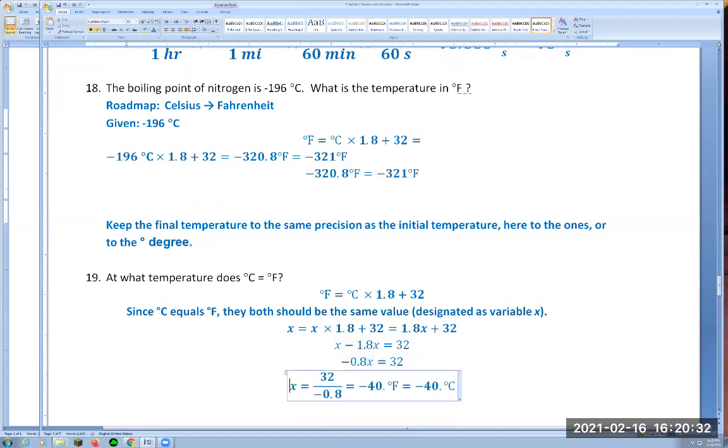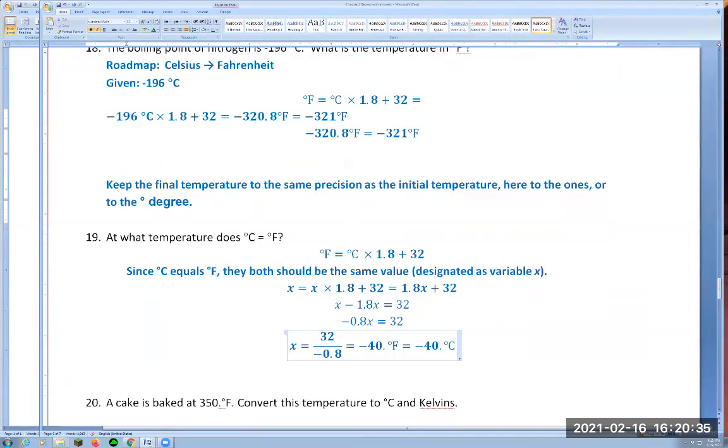If you do that in your calculator, 32 divided by negative 0.8 is going to be negative 40. And so x, you remember, we used as the variable that would be both degrees Celsius and degrees Fahrenheit. So that's why x here is equal to negative 40 degrees Fahrenheit or negative 40 degrees Celsius. So that's the temperature at which we have the degrees Fahrenheit matching the degrees Celsius.